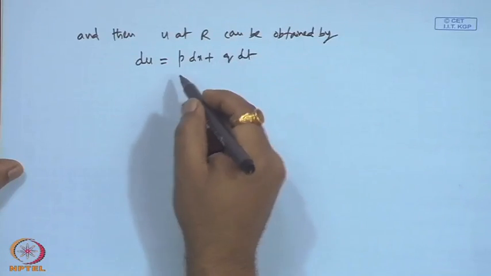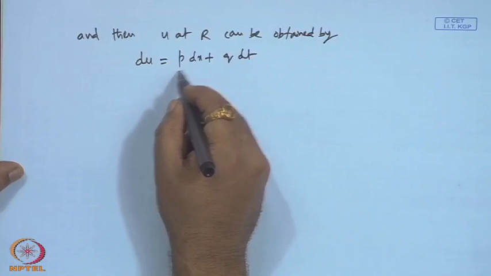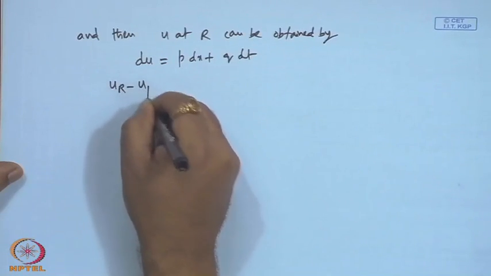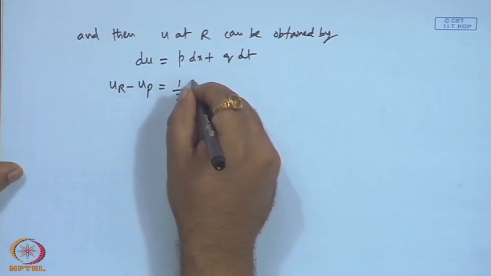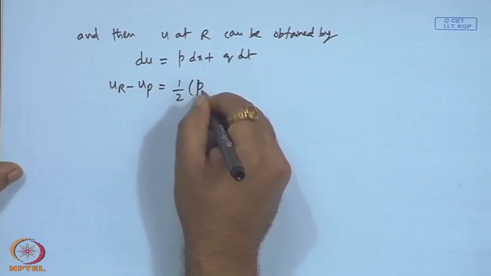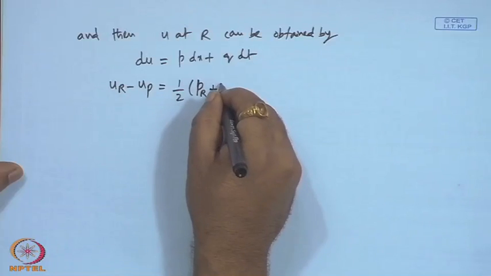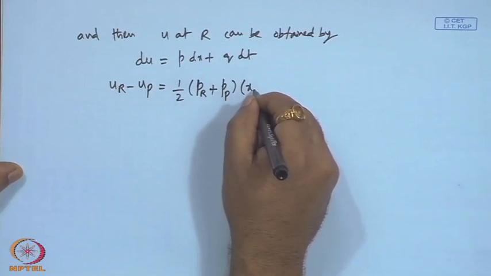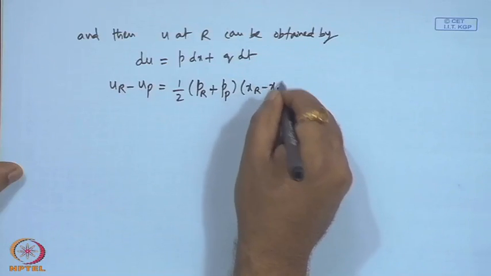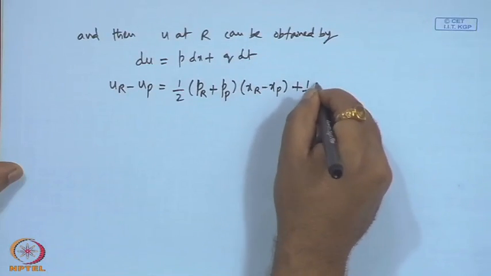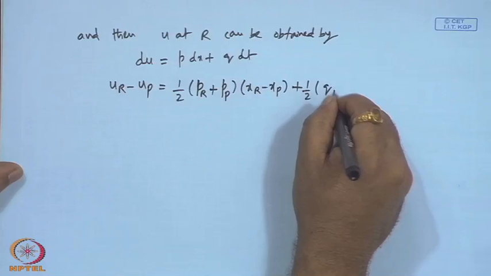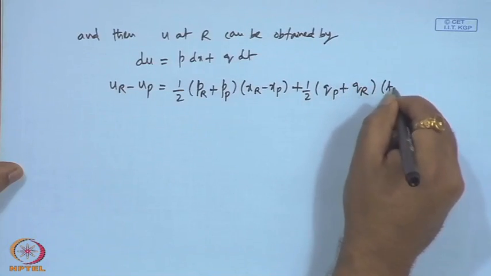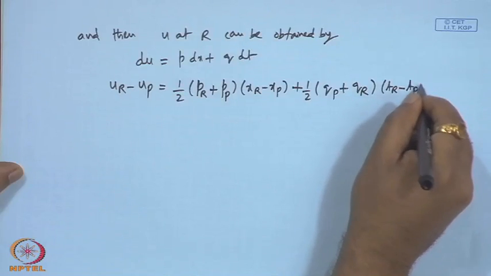However, the better approximation is replace P and Q along P r by average. So, that means U r minus U p is, okay.